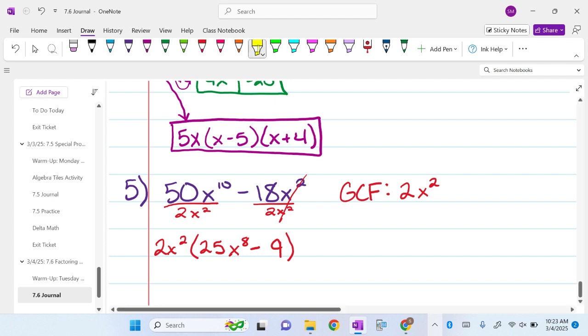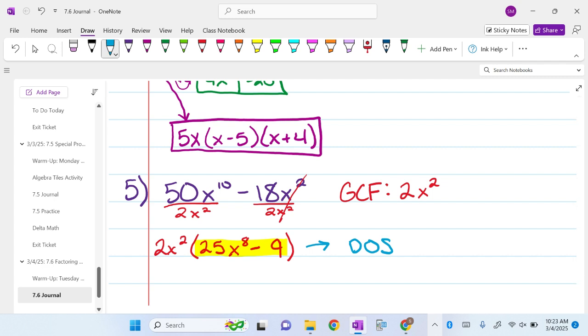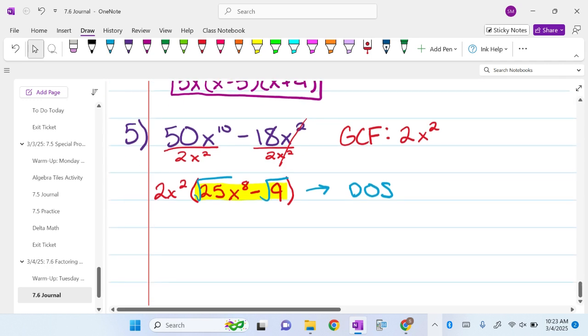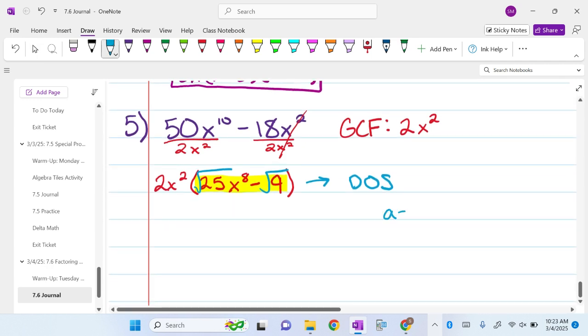Now, we have a binomial left in the bubble. So what method do you think we're going to use next? Difference of squares. Do I have 2 perfect squares as my terms? Yes. So we can take the square root of both. So, square root of 25 is 5.